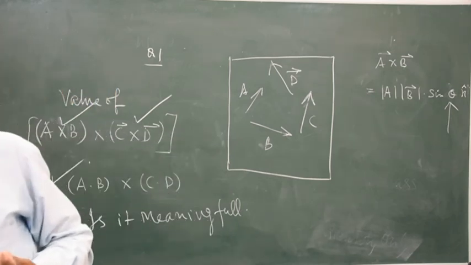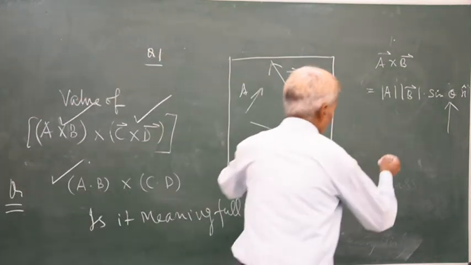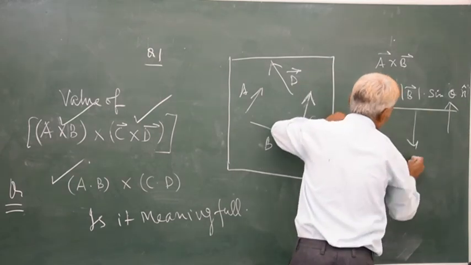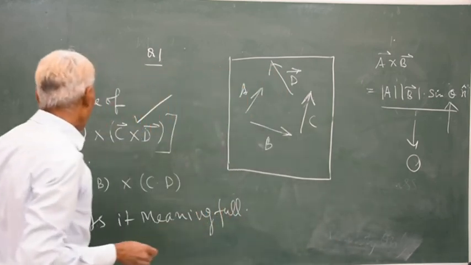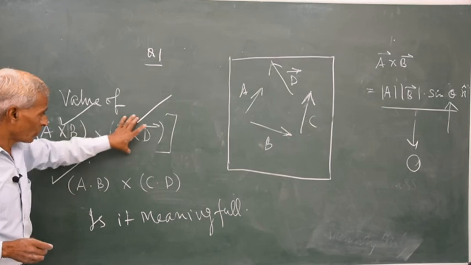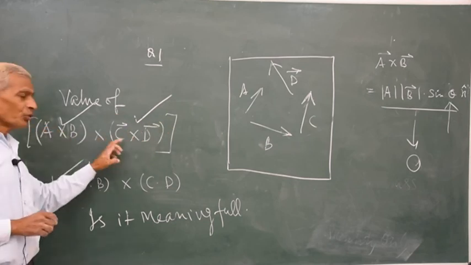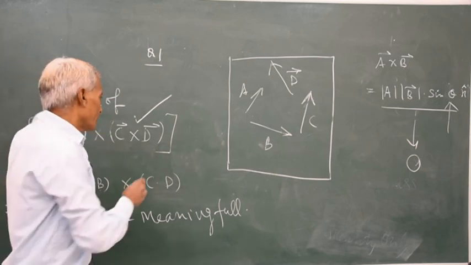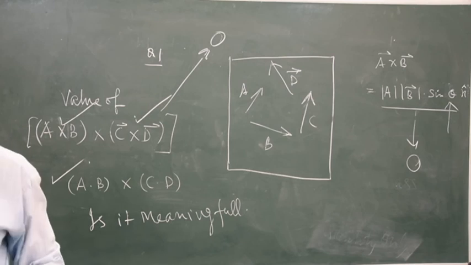When theta is 0, sin 0 is 0. So this amount is 0. In this way, you can find the value of the product of all the 4 vectors. This is a vector and this is a vector. The angle between these 2 vectors is 0. Therefore, the value of this expression is 0. It is very simple to handle.